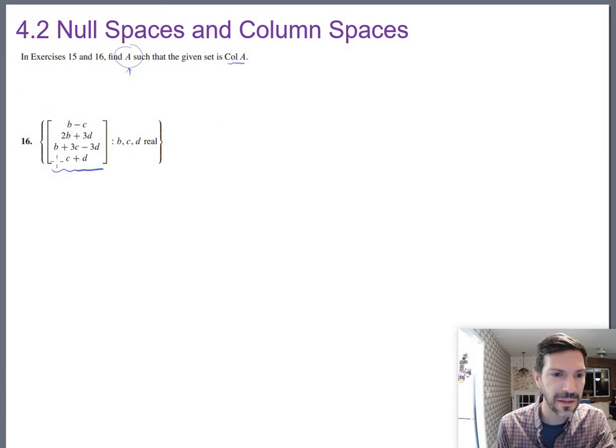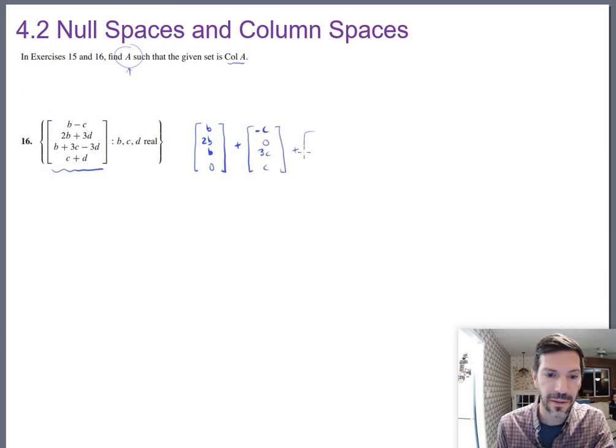So they're really saying these things come from B times a vector, plus negative C, 0, 3C, C, plus the D's would be 0, 3D, negative 3D, D. So I'm just breaking these up by variable.